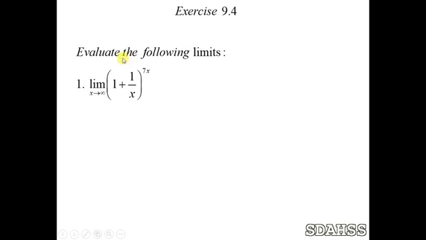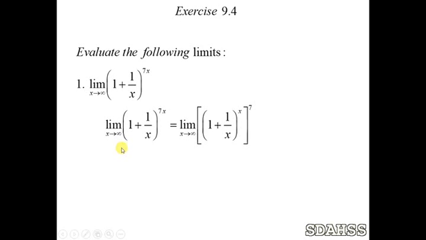Exercise 9.4. Evaluate the following limits. First sum. Limit x tends to infinity 1 plus 1 by x whole power 7x. So this can be written as limit x tends to infinity 1 plus 1 by x whole power x, whole power 7. We know that limit x tends to infinity 1 plus 1 by x whole power x is e.